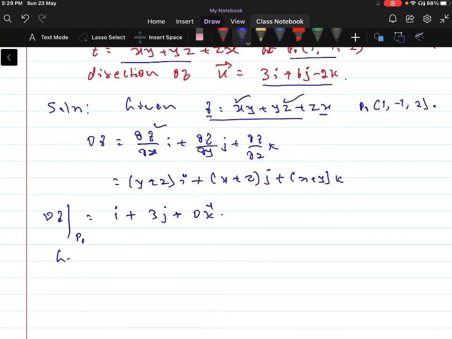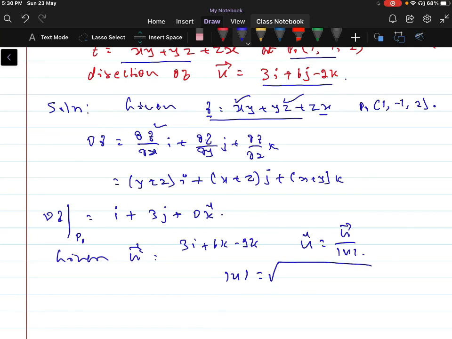So given vector u, that is equal to 3i plus 6j minus 2k. So unit vector u can be written as vector u by magnitude of u. So where magnitude of u can be written as square root of 3 square 9 plus 6 square 36 plus minus 2 whole square 4.